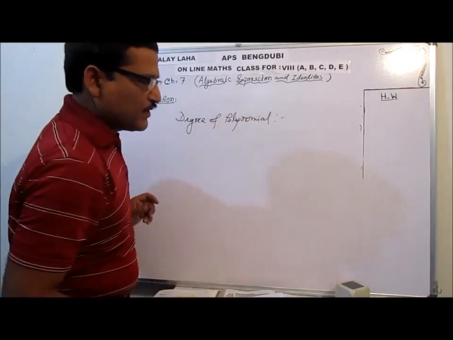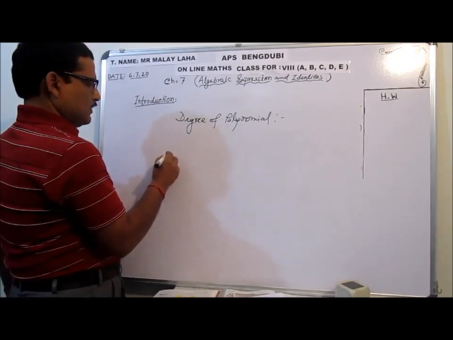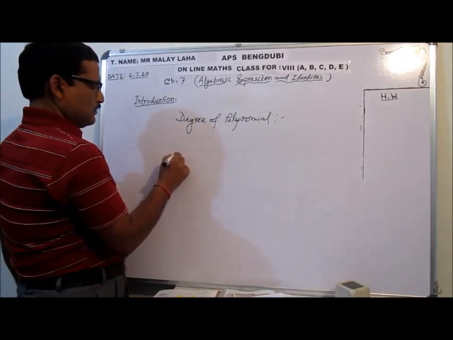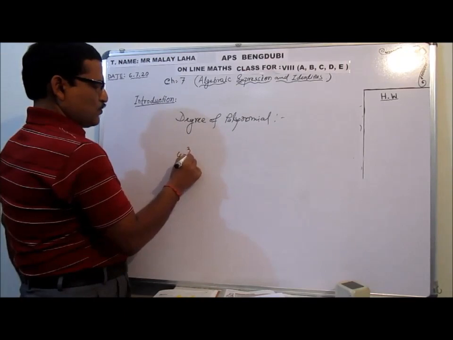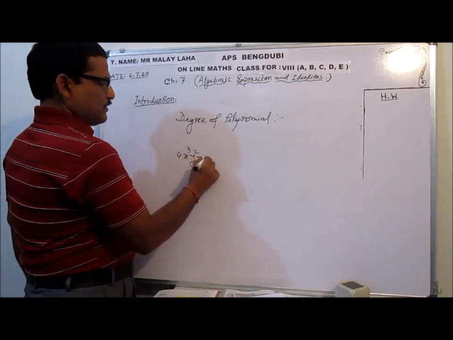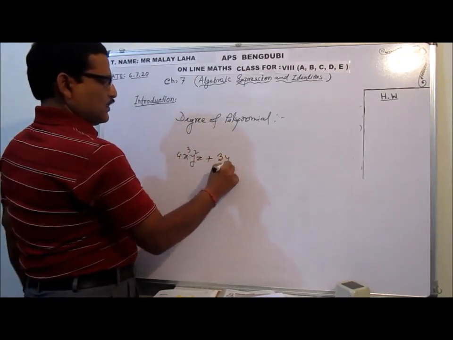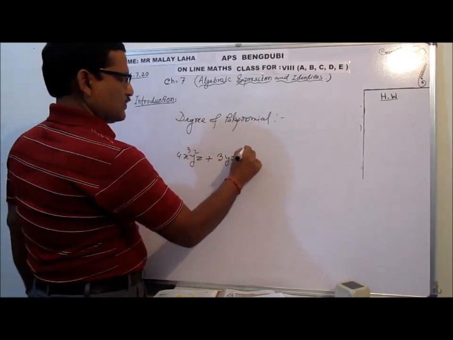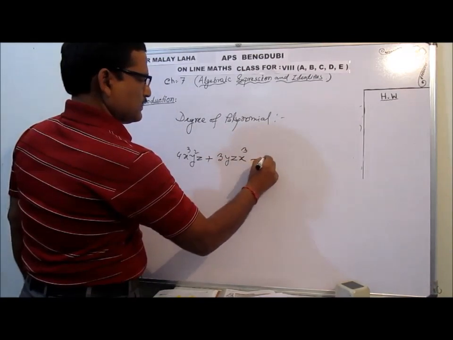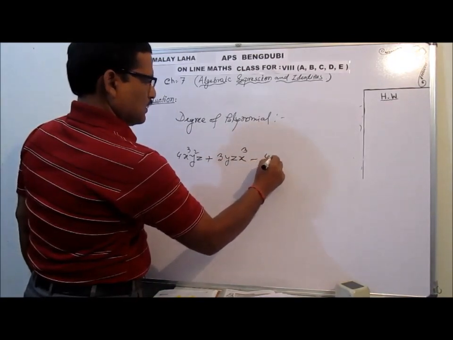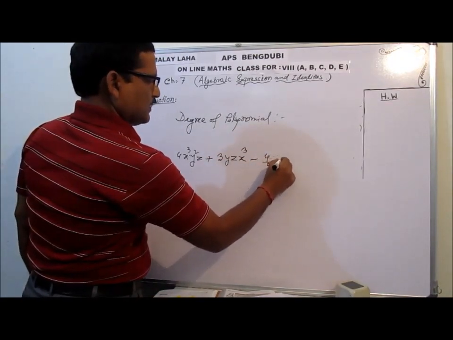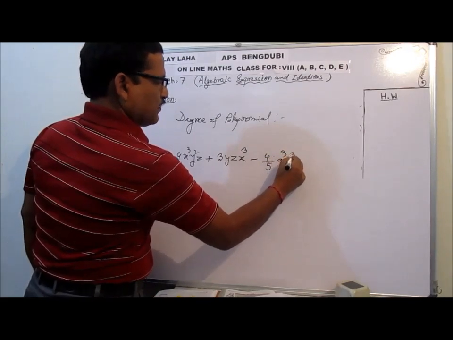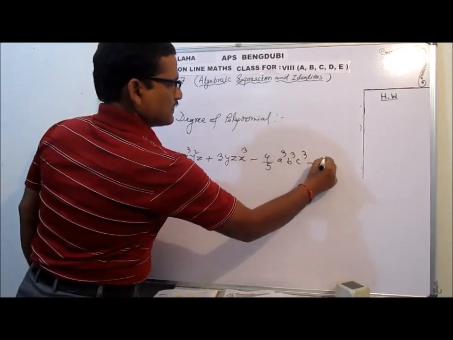What is the meaning of degree of the polynomial? Say question number: 4x cube y square z plus 3yxz cube minus 4 by 5 a cube b cube c cube minus 8.